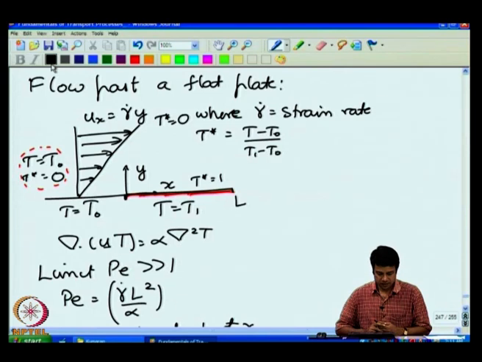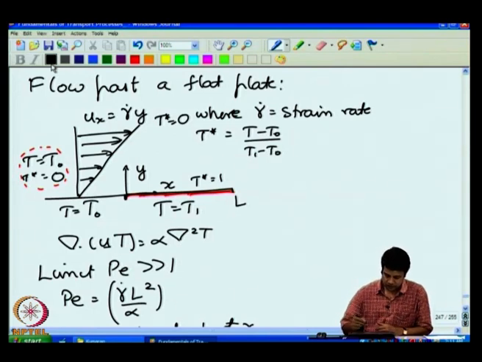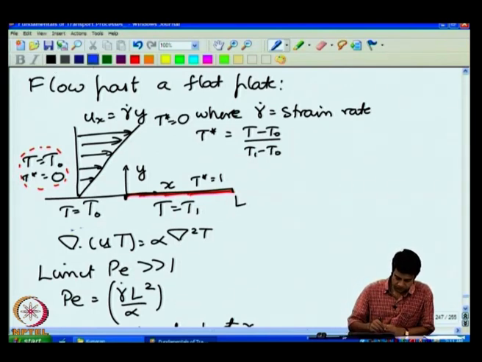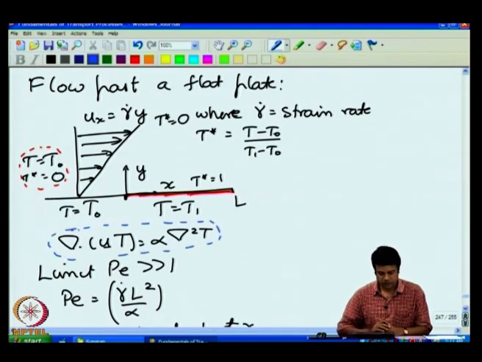And at steady state, we were trying to solve the equation, the divergence of u times T is equal to the thermal diffusivity times the Laplacian of the temperature. The configuration was as follows. We have a fluid which is incident on this heated surface at a temperature T is equal to T naught.